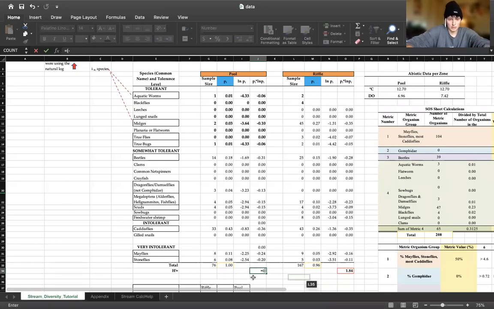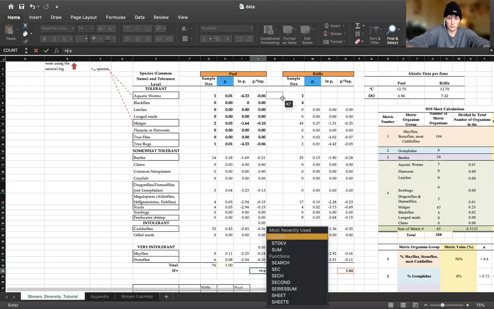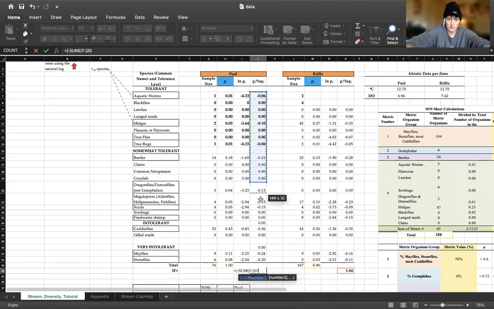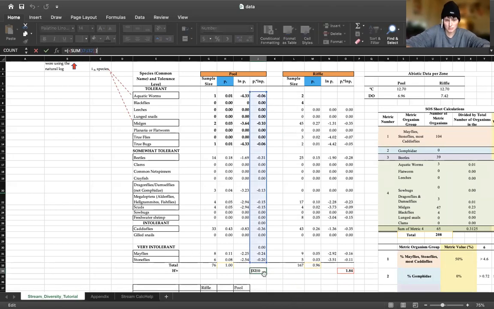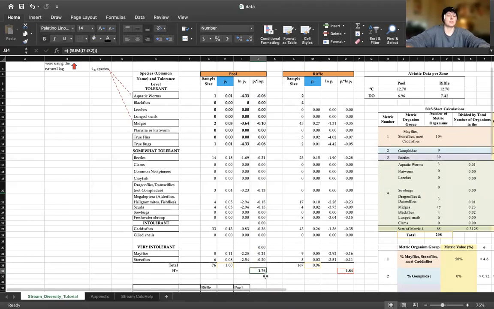You're going to put the negative and then write sum, and then select all the cells that you want to sum. And make sure you get all your parentheses. I probably always over parentheses, but the Shannon value is 1.76 for the pool.